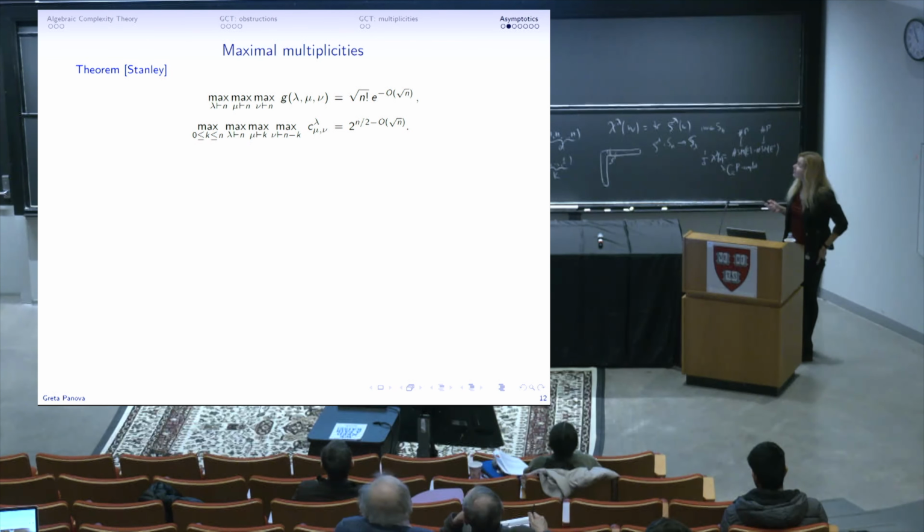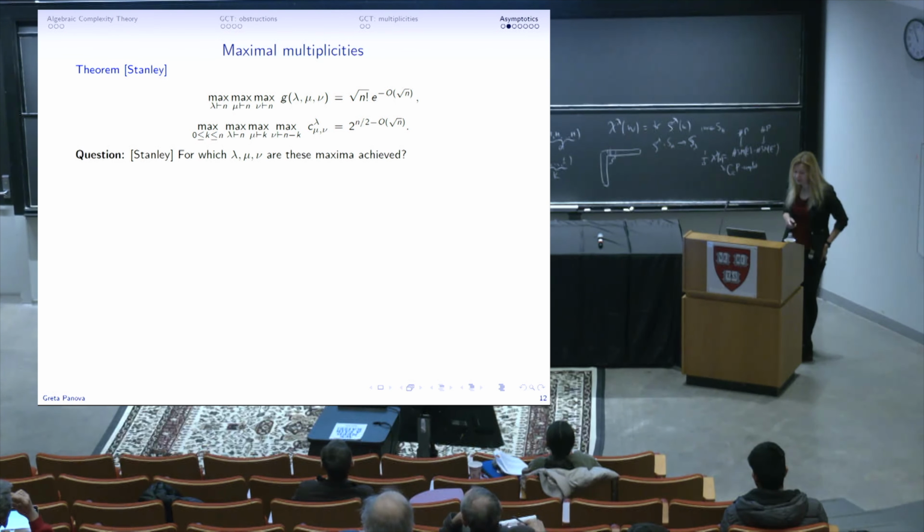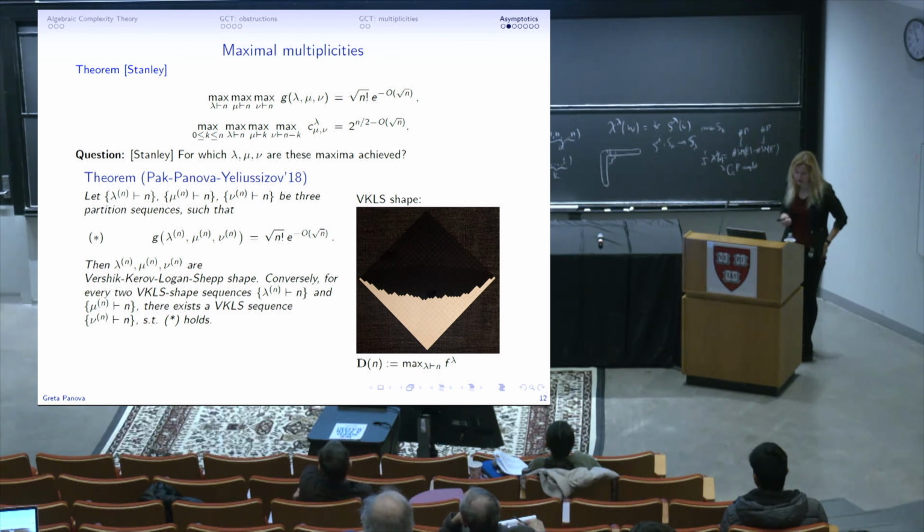This is a result of Stanley. The Kronecker coefficients are really big. There's a square root of n factorial, and n factorial is the order of the symmetric group, right. Littlewood-Richardson coefficients are quite a bit smaller. But we don't know exactly when these maxima are achieved, but we can say something.